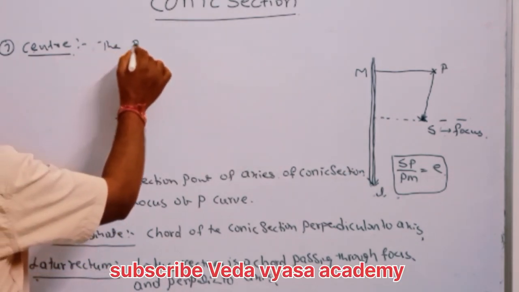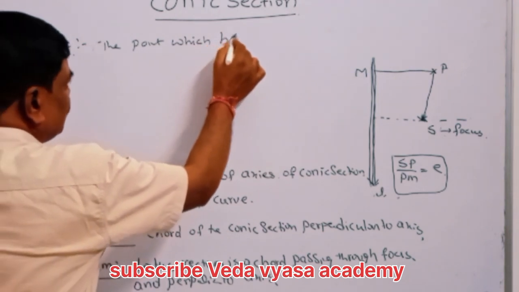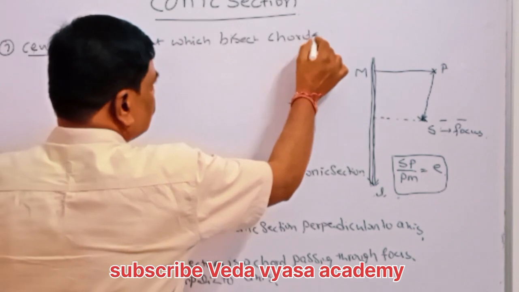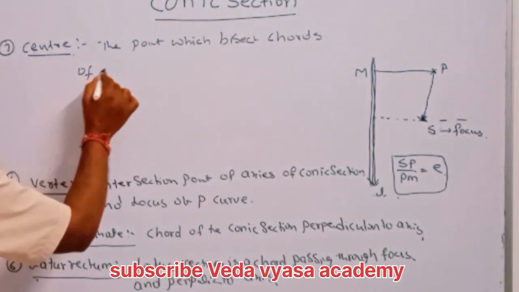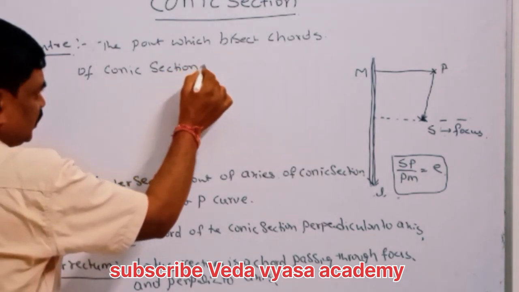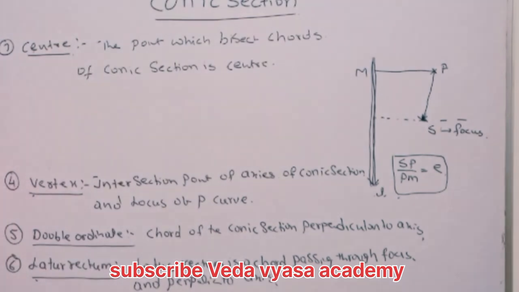The point which bisects chords of the conic section is the center. Okay, this is the center of the conic section.